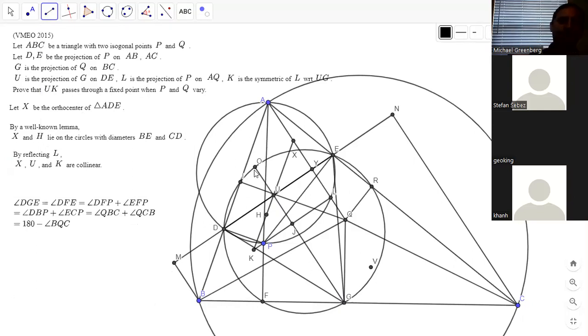Yeah, I like that. So this means that DOE. Okay, so yeah, it's probably an angle trace to show that DOE is similar to QBC.